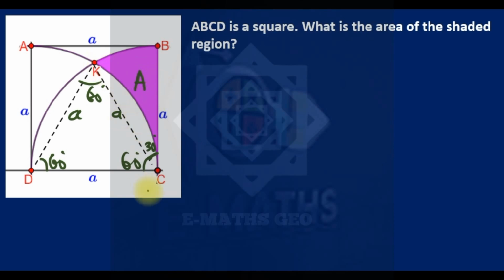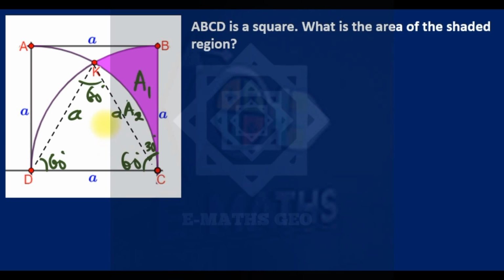is equal to the area of the sector minus the area of this segment. So let's call it A1, and this is A2. So if you subtract A2 from the area of the sector CBK, that's what we are looking for. This is a segment. So for us to get it is the area of this sector DKC minus the area of the triangle.